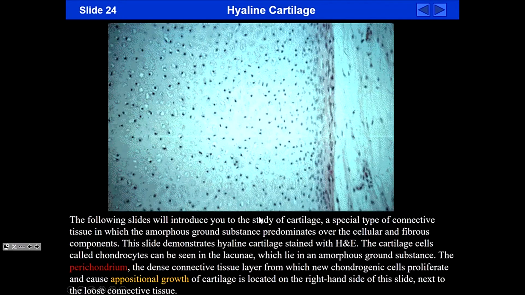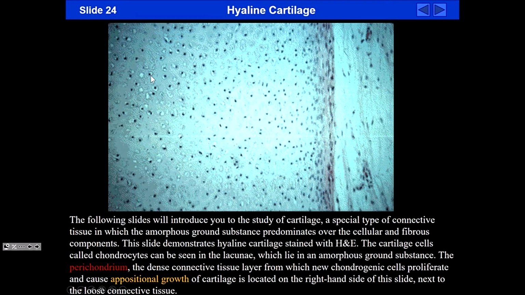Okay, hyaline cartilage. If it's not elastic cartilage or fibrocartilage, then by default it's hyaline cartilage, which is the most common. In this particular case, we can see a perichondrium, right? Perichondrial fibroblasts giving rise to what look like chondroblasts here, and we can see a territorial matrix around these nuclei, so that would make them chondrocytes.